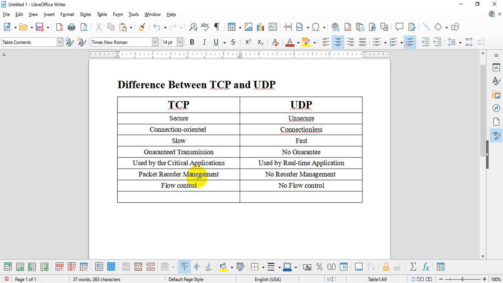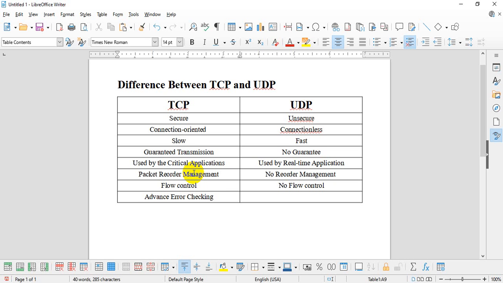And the next difference is advanced error checking. In TCP we have advanced error checking. What does advanced error checking mean?